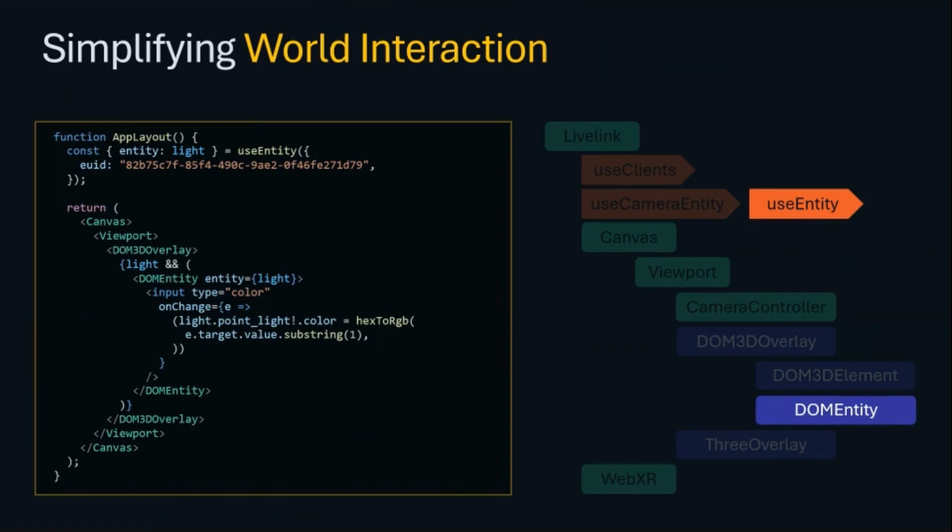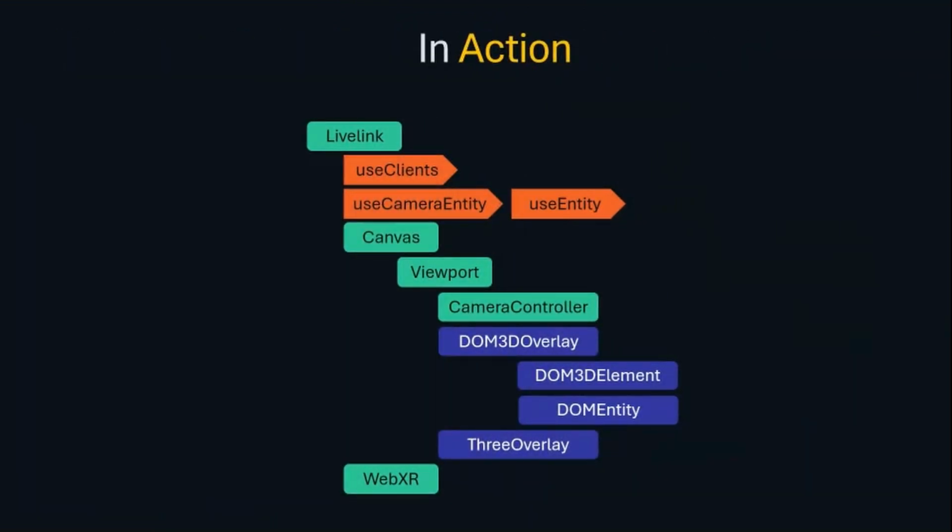And instead of providing directly the position of your DOM 3D element in the scene, you provide the entity, and the DOM entity component will just extract the position of the entity. And so if the entity moves, your UI moves along with it. So that's basically LiveLink React for you. The gist, it's everything that LiveLink React provides.